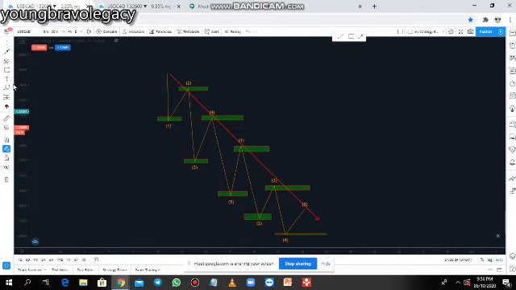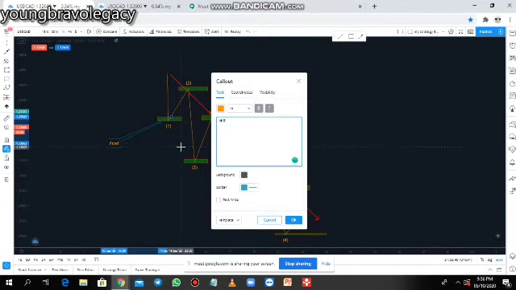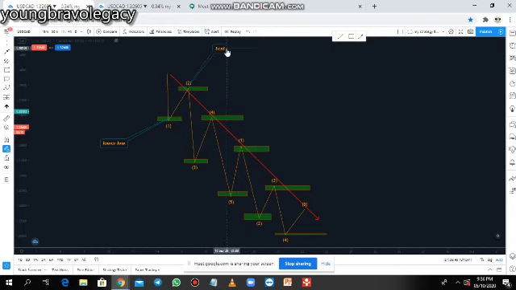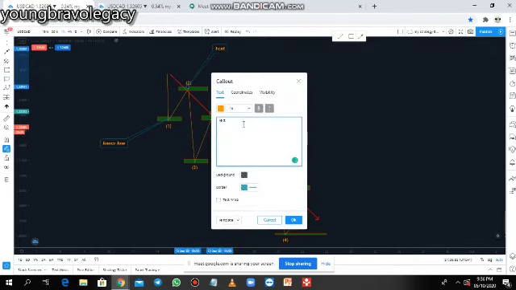So from what we have here, we have this lower low, because this is lower than the previous low. Then this is a lower high, because this is high but it's still lower than the starting point.